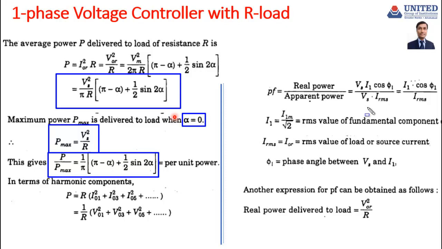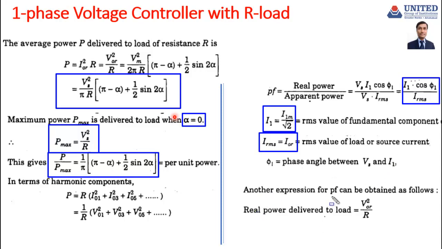Therefore, power factor will be I1 cos φ1 upon I RMS, where I1 is the RMS value of the fundamental component, given by I1m upon root 2, and I RMS is the RMS value of load or source current, and φ1 is the phase angle between Vs and the fundamental component of current.